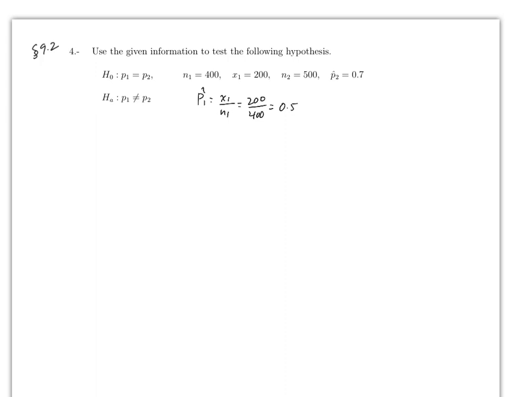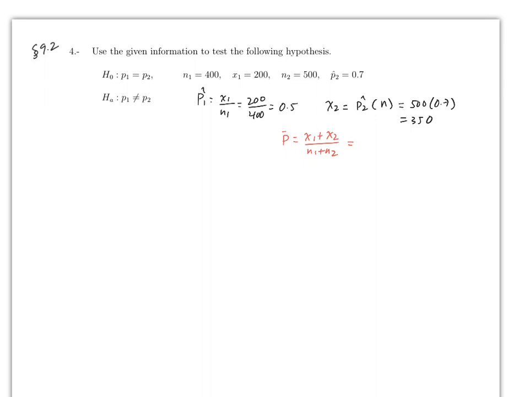Also, you are missing x2, so to find x2, this will be P2 hat times n, or 500 times 0.7, which is 350. Once you get all the information, you can find P bar, which is x1 plus x2 over n1 plus n2.